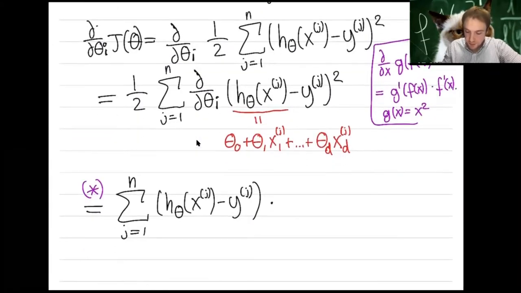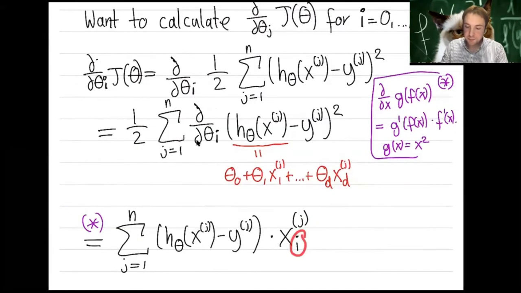So the only part which survives here is the xj i. Sorry. So the j here runs over the training examples, and this i here runs over the features.